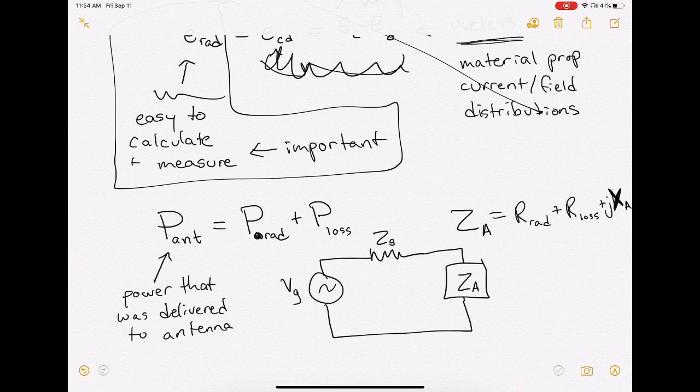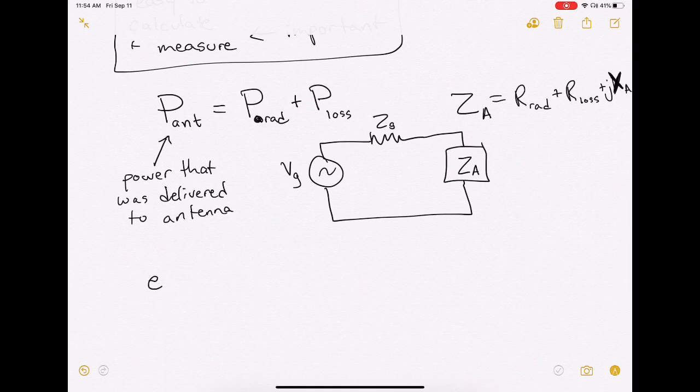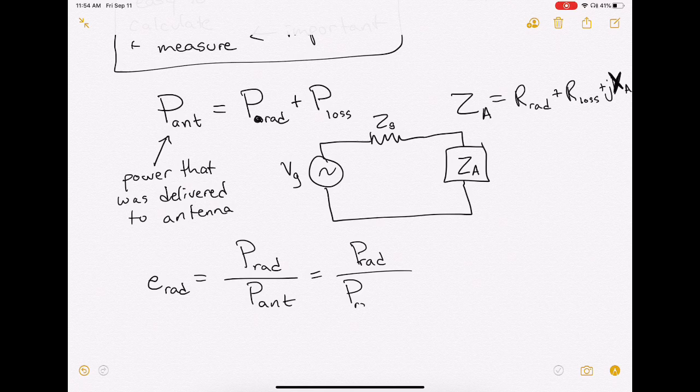All right, so how do we define the radiation efficiency? The radiation efficiency is the radiated power divided by the total power delivered to the antenna. You can also break that up as P_rad divided by P_rad plus P_loss.